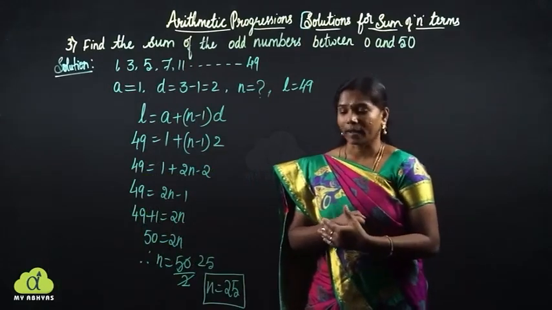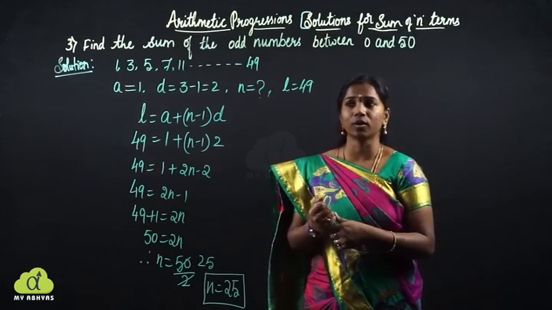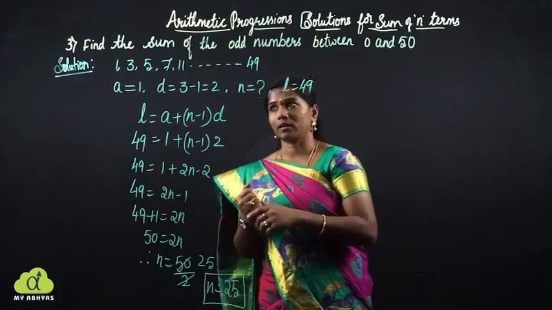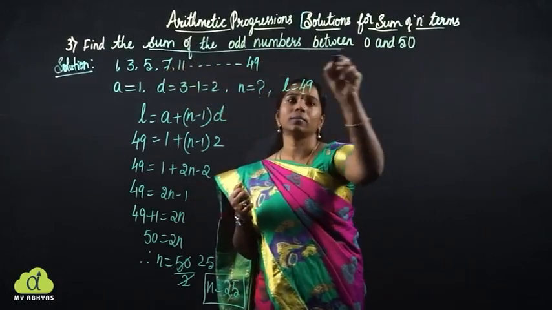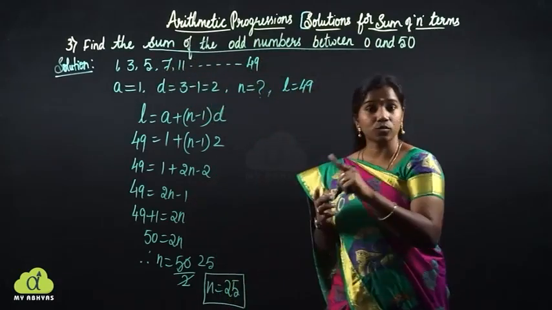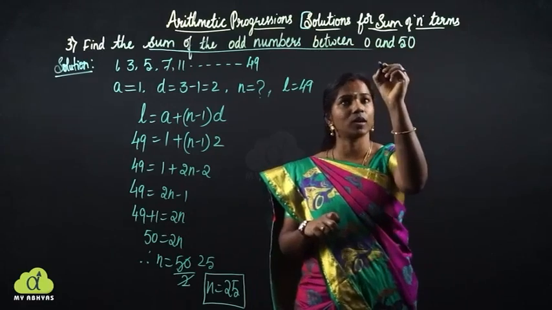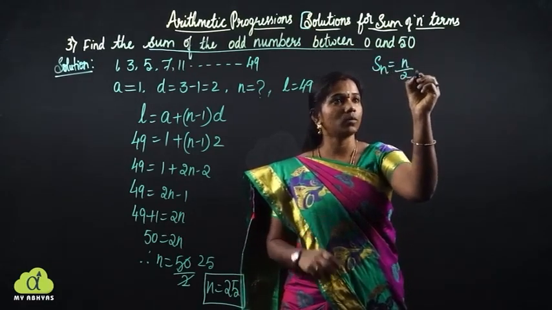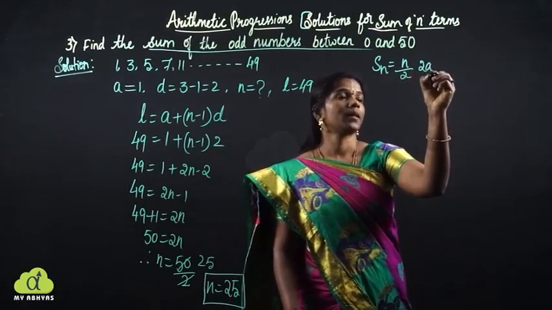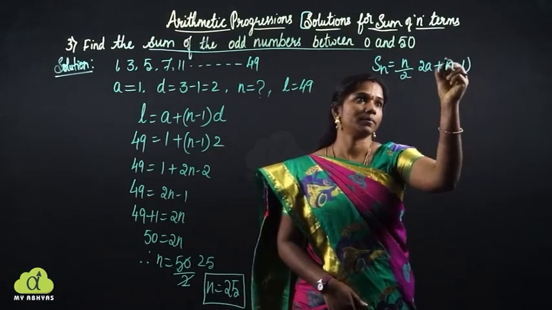So after knowing the value of n, it's very easy for us to find the value of Sn, that is the sum of the odd numbers. That is S25 we are supposed to find out. Do it now. Sn is equal to n divided by 2 into 2a plus n minus 1 into d.